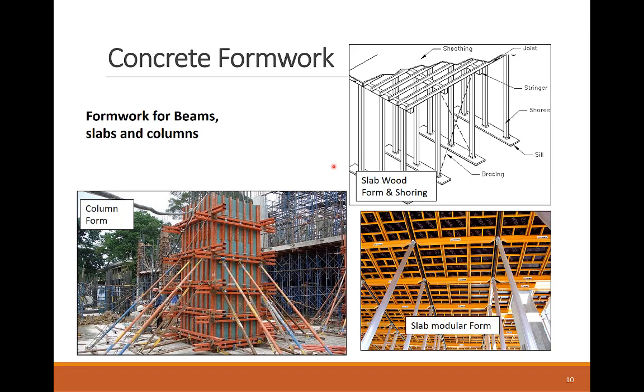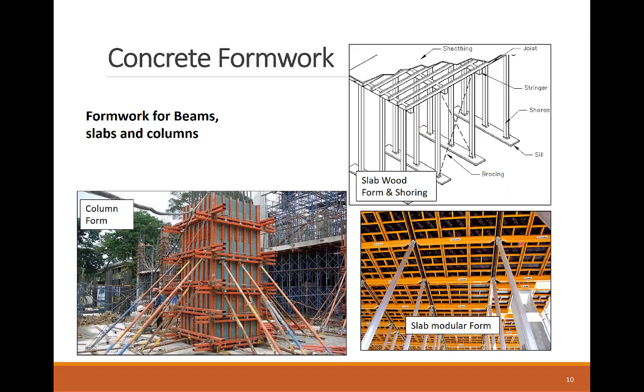A typical formwork can be simplified by saying it's composed of a sheathing that forms the face of the concrete structure and a temporary structure that holds the sheathing in place and resists the concrete weight until the structure is self-sufficient. For slab wood formwork, we can see that sheathing is supported by an array of joists and stringers that are supported on shores and bracings.